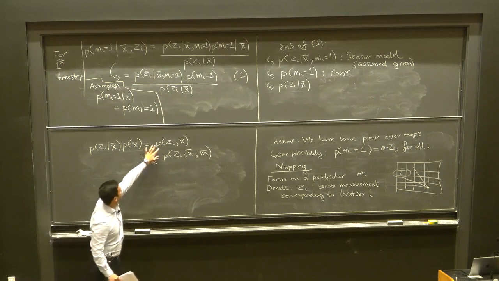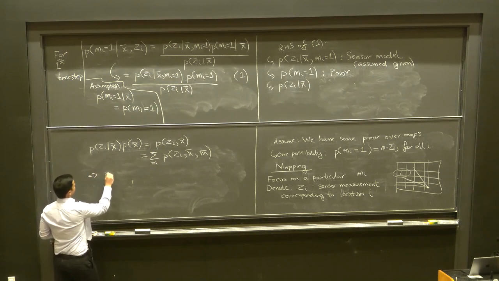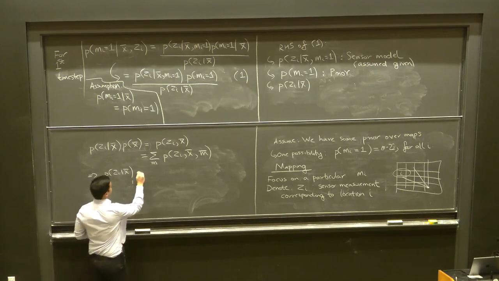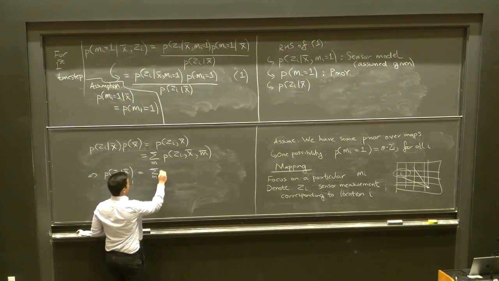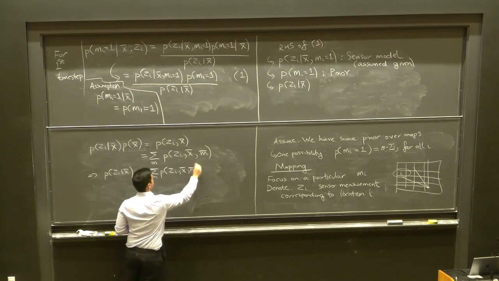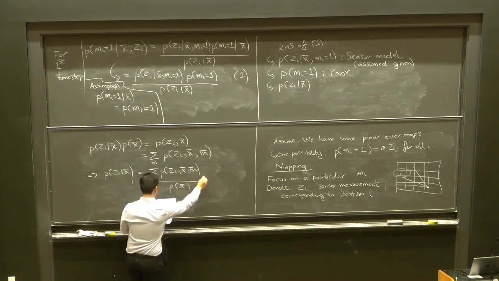And so, rearranging these terms, P of Zi given x is this divided by P of x.